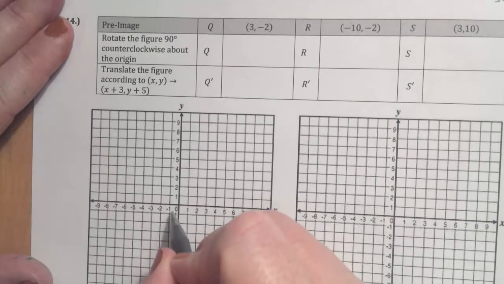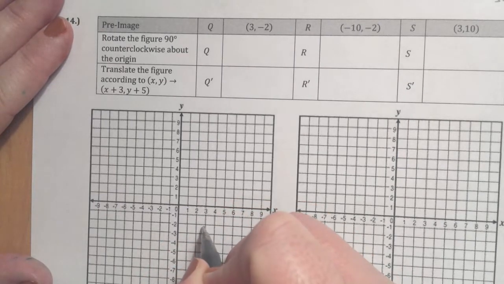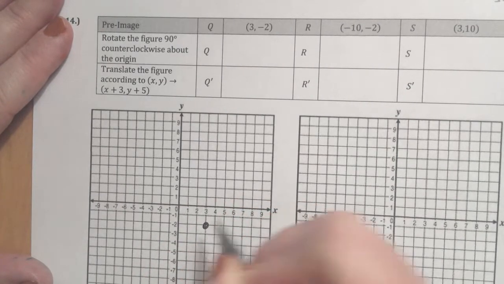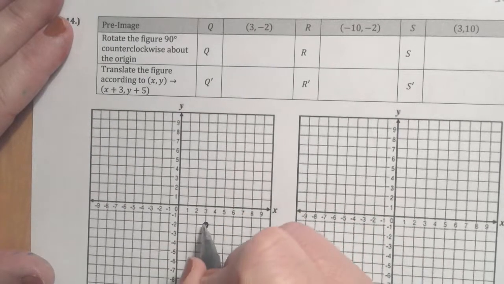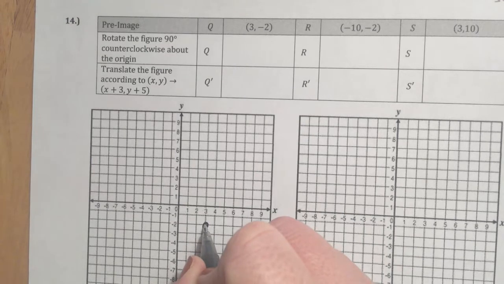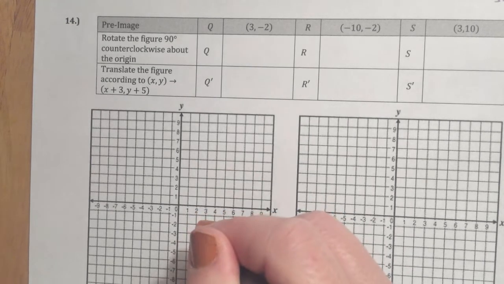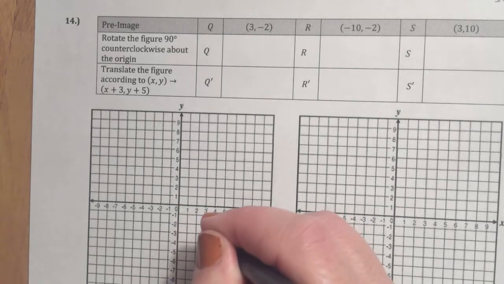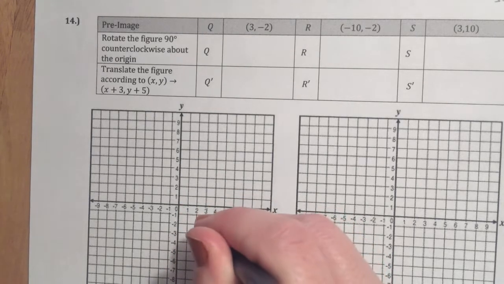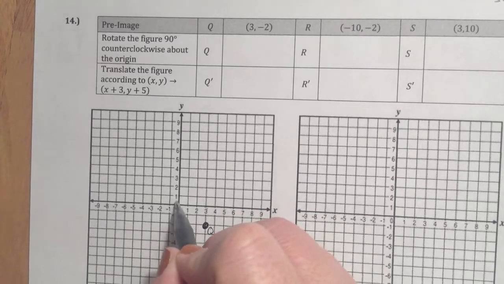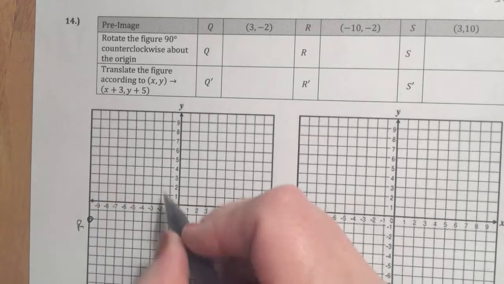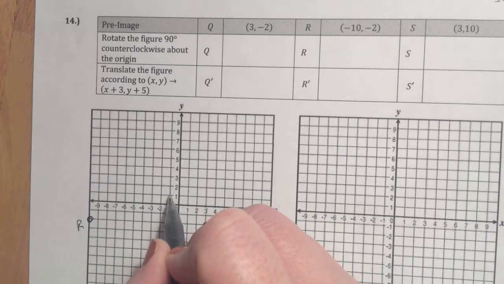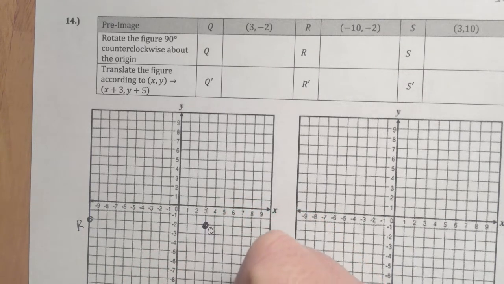All right, so let's go ahead and plot the coordinates. We're at positive 3, negative 2. You're going to have like 4 problems just like this. That is your Q. Negative 10, negative 2. That's your R. And positive 3, positive 10.